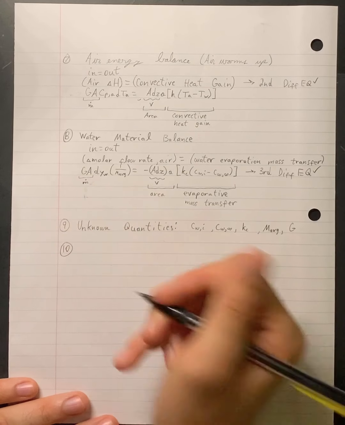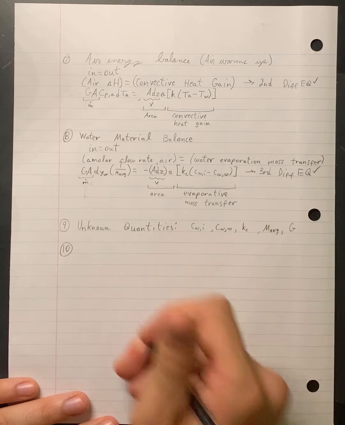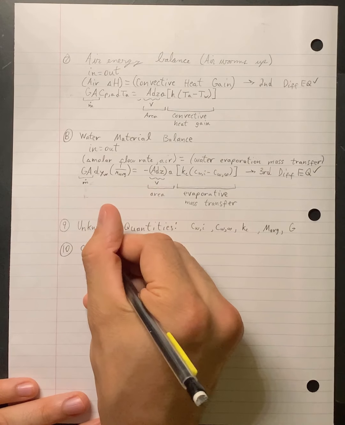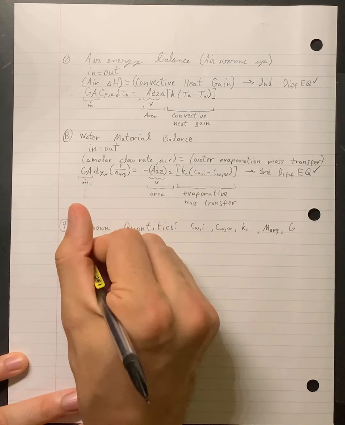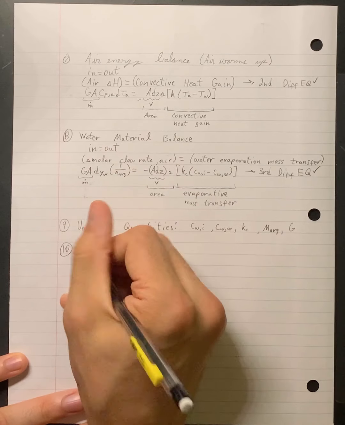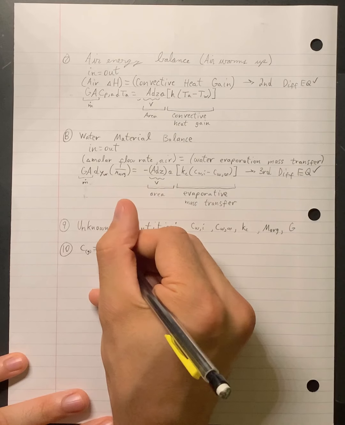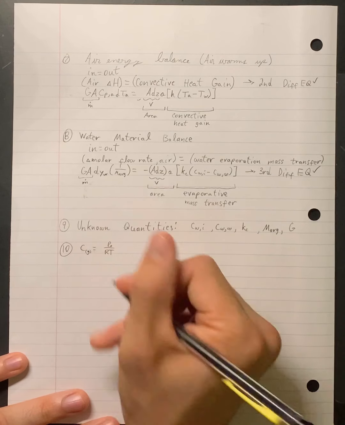So we're going to have to calculate each of these by a few other calculations. So first what we'll do is we'll calculate the concentration of water at the interface and concentration of water at the bulk. Concentration of some kind of gas component usually is P, the partial pressure of that gas, over RT.